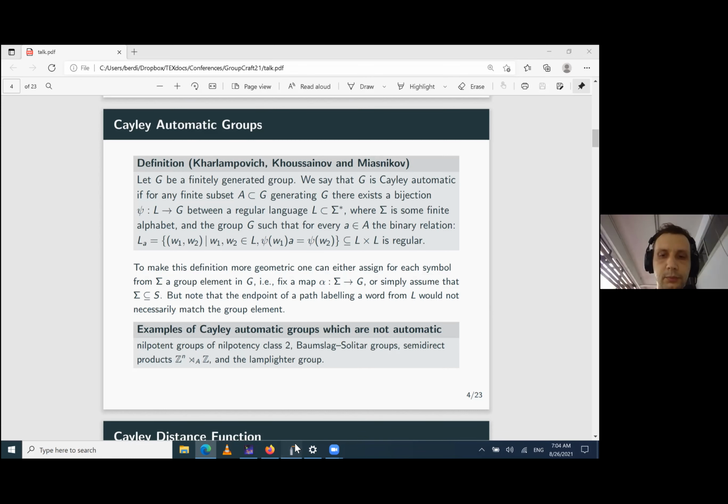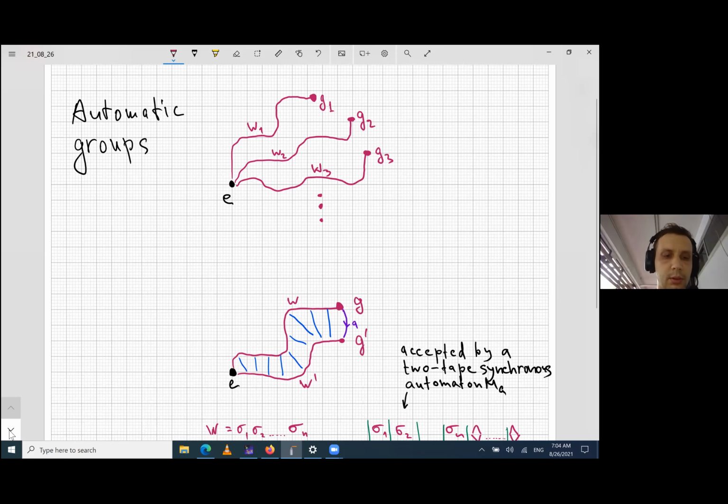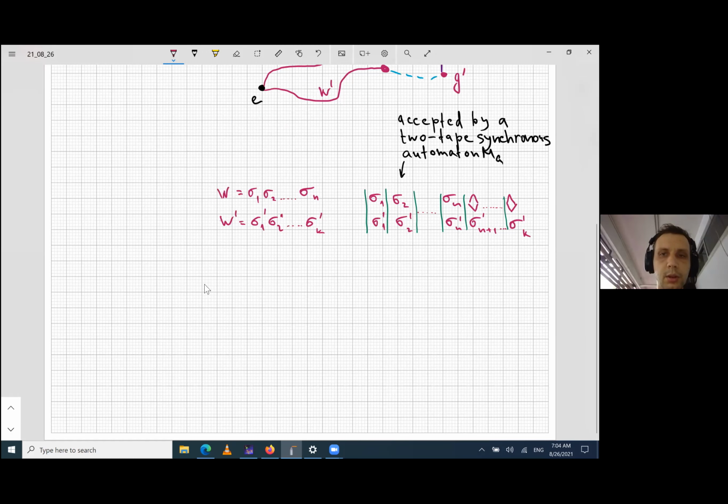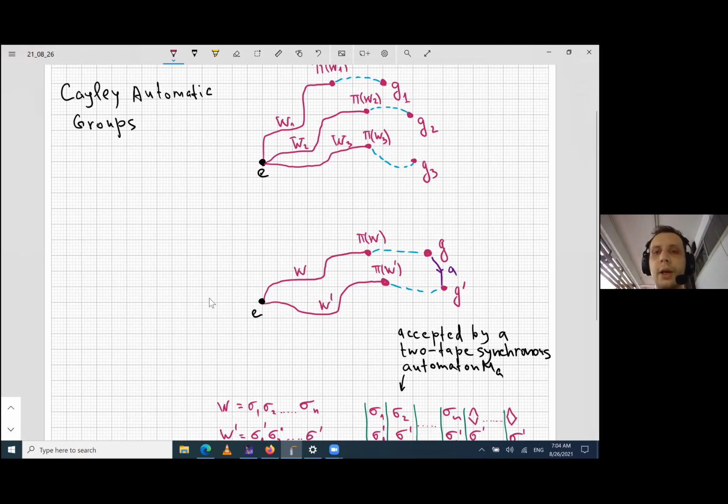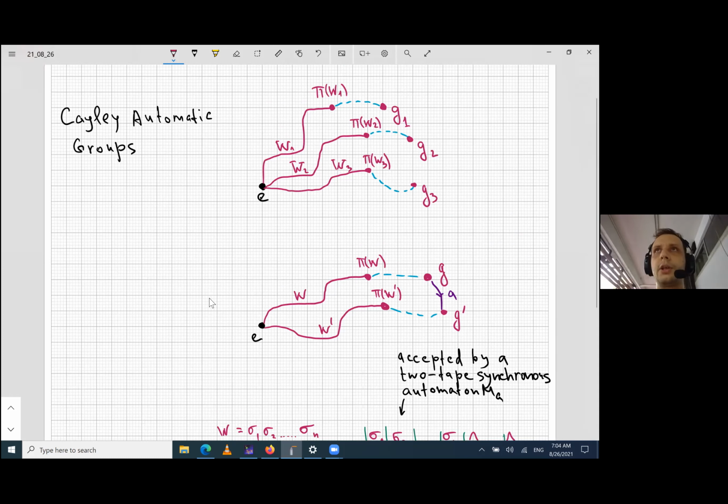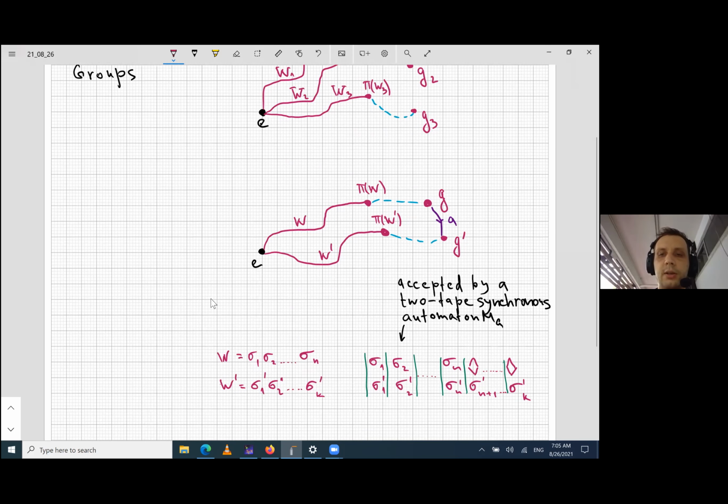Now again, for every group element you have a unique representative. For example, for a group element G1 you have W1, for G2 you have W2, etc. But W1 doesn't end up at the group element G1; it can end up anywhere we like. But you keep exactly the same computational model.